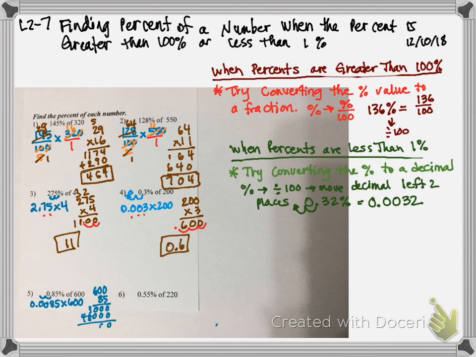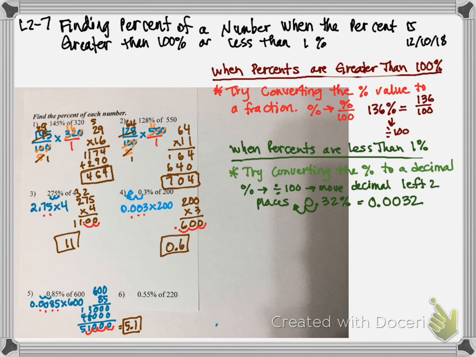So I get 51,000. And then I go back and I count how many digits came after the decimal point. 1, 2, 3, 4. So my answer has 4 digits after the decimal point. So the final answer will be 5 1/10.